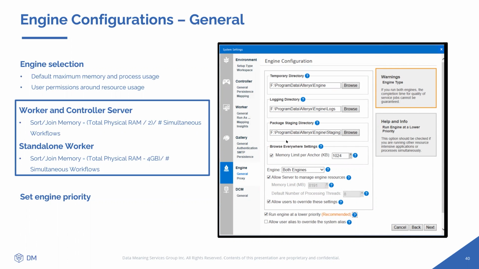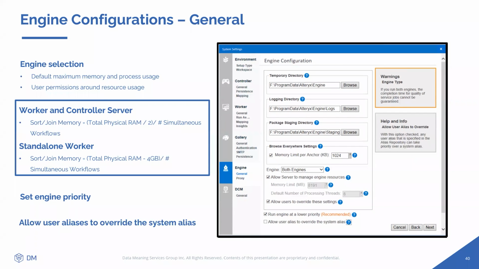So this is why we keep it at lower priority. And next, to end it, we have the option to allow user alias to override the system alias, and basically any user alias that is specified in the alias repository can take priority over a system alias. This is recommended to leave unchecked as well.